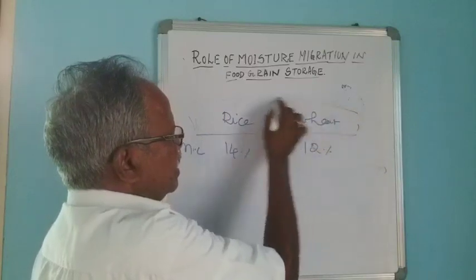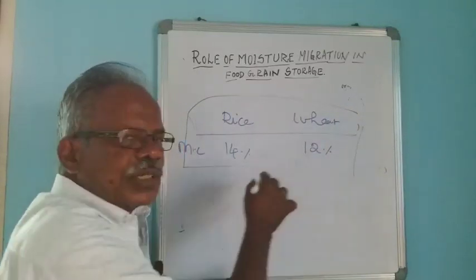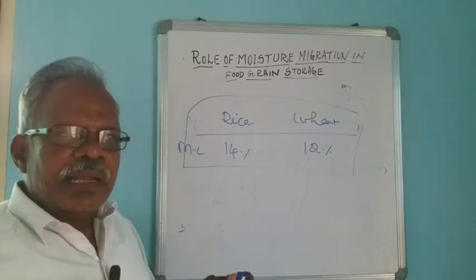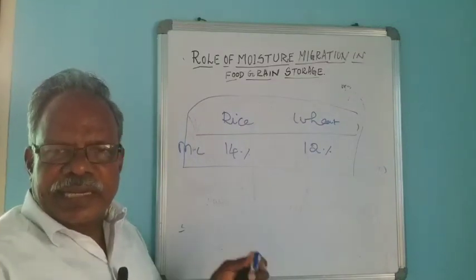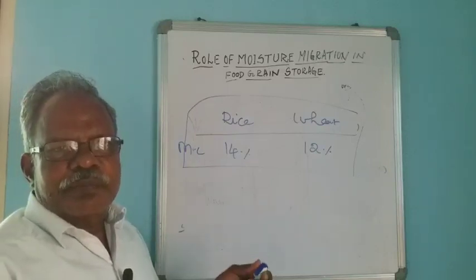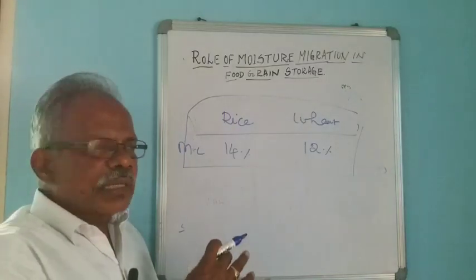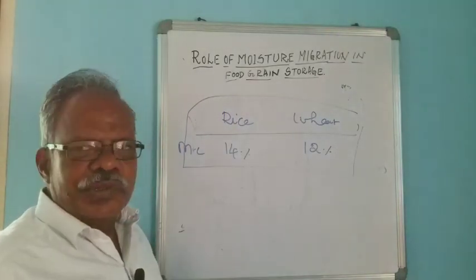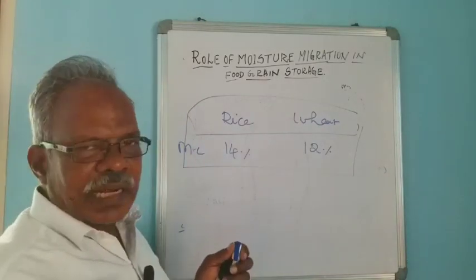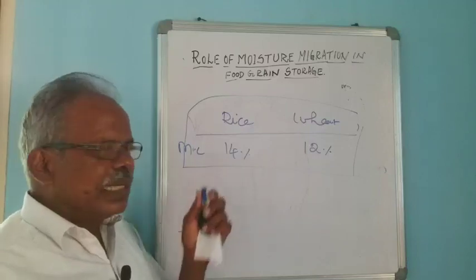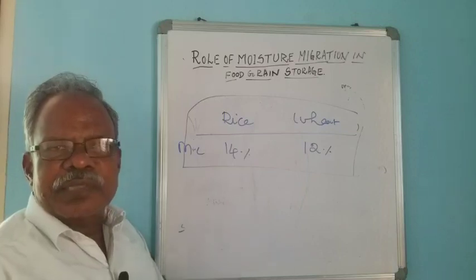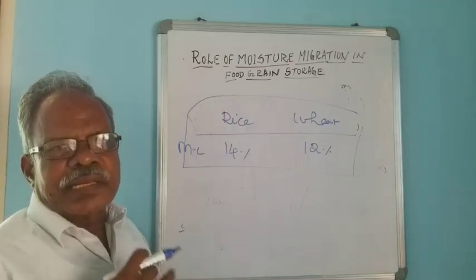If the food grains are stored at this moisture level, there may not be any problem at all, and the food grains will be intact. The ingredients will be intact. So it is always safe to store wheat at 12% moisture and rice at 14% moisture. Then the moisture migration and other problems will not arise in case of food grains.